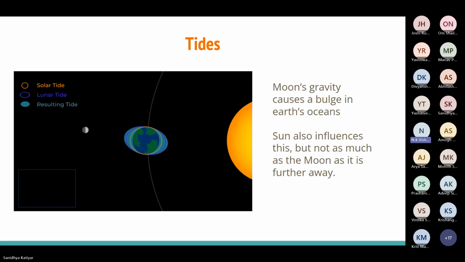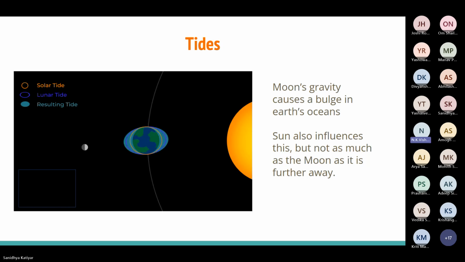Now, this ellipse depends on two things. The moon, although it is not as heavy as the sun, is quite close to the earth, so we have to consider two things when we want to see the tides: the sun and the moon.